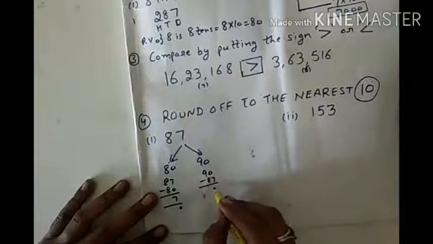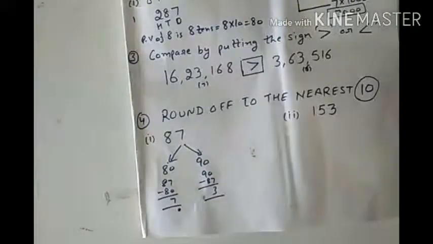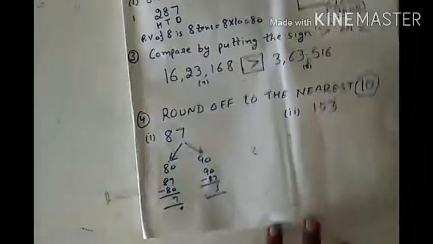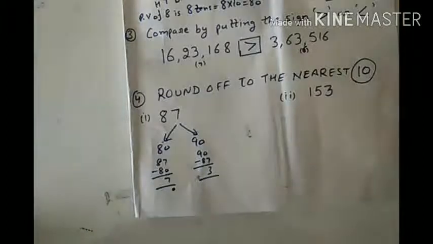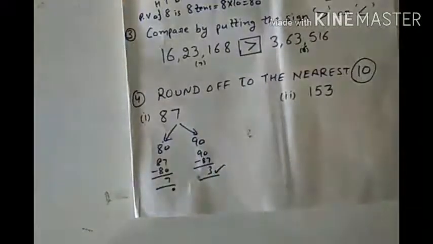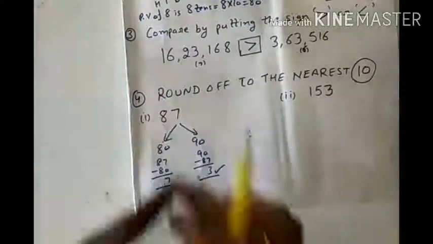And 87 from 90, that is 3. Now, this is the first way, where subtraction is being used. So, here you will see where you get the result that is less than the other. Here 3 is less. Therefore, your required answer is 90.